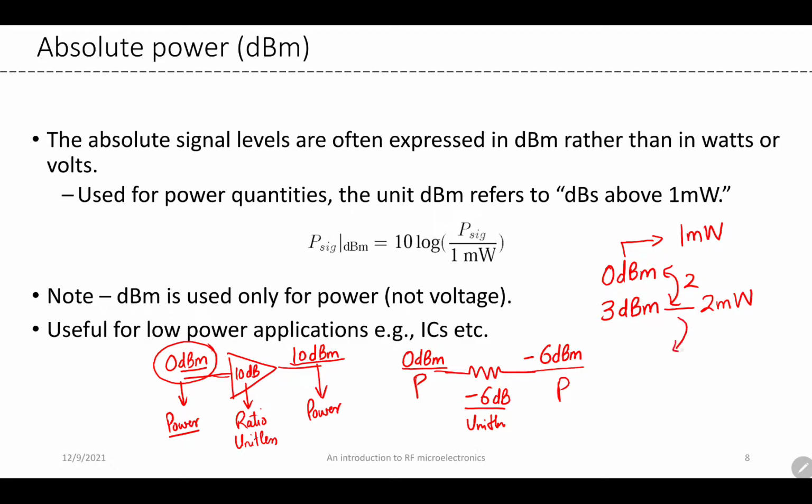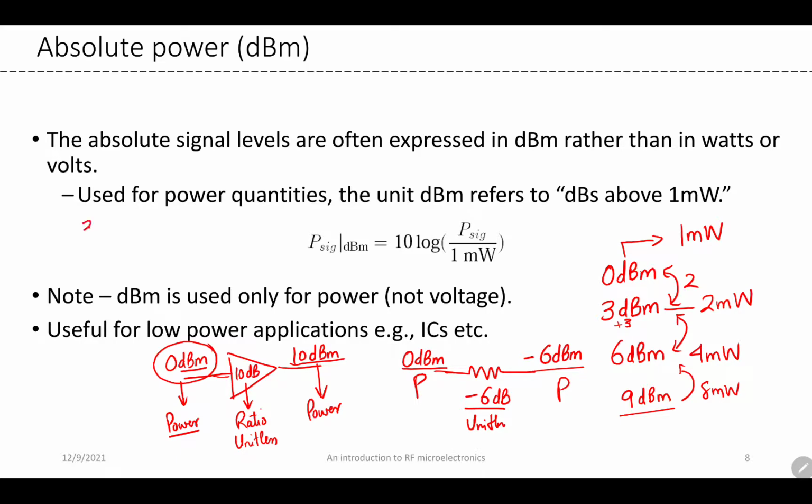And similarly, 4 milliwatts of power would be 6 dBm. So you add another 3 to it, that would be double, right? So 8 milliwatts of power would be 9 dBm. Add another 3 to it. So in the dBm scale, you just keep on adding 3. In the watt scale, it's doubling. That's what it means to double power. And that's why 3 is a very convenient number. It's very easy to use.